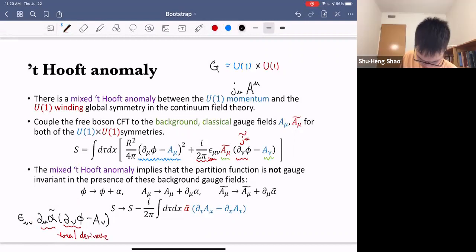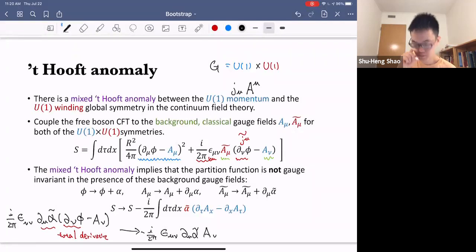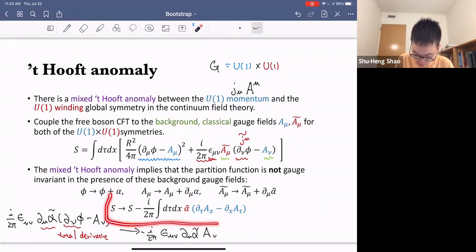And therefore, what I'm left with is, note the normalization is important, so let me keep track of it. And finally, I'm going to integrate by parts to move the derivative acting on A, and I end up with this expression.